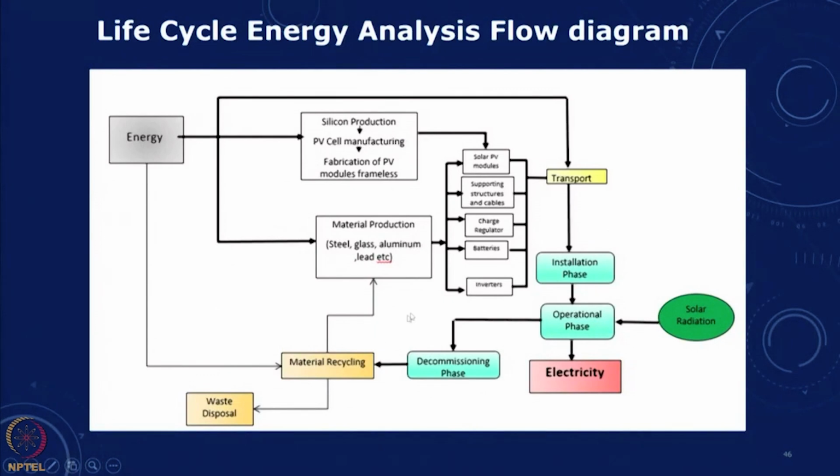This is another schematic picture, which tells us silicon production, PV cell manufacturing, fabrication of the modules and frames, the materials in it, and then we have the batteries, and then the installation phase, operating phase, and then material recycling and waste disposal. In this case, we just concentrated on this, and we have not added the waste disposal phase.